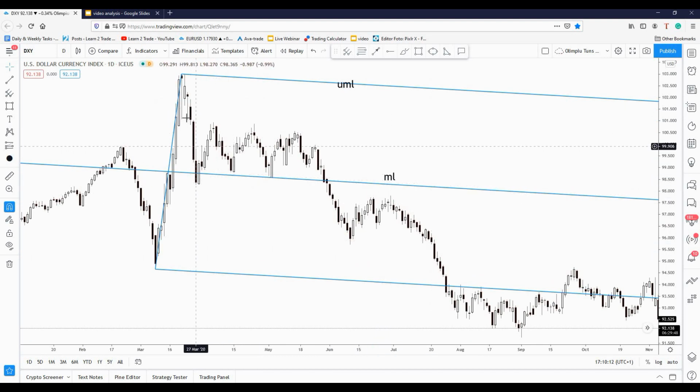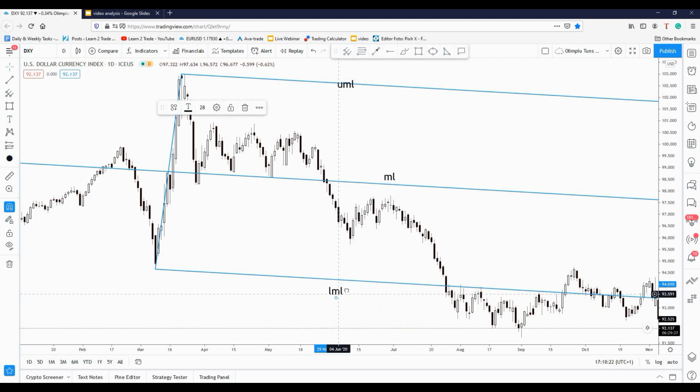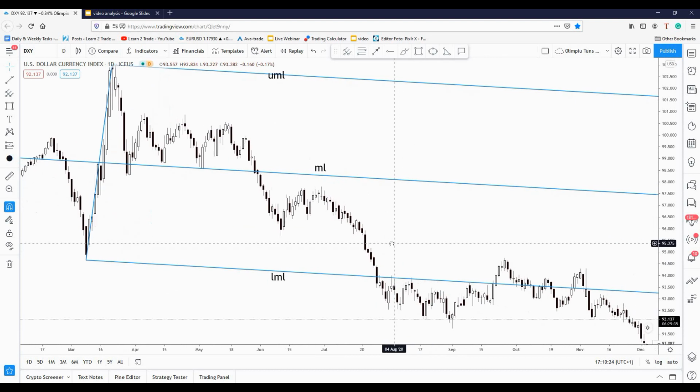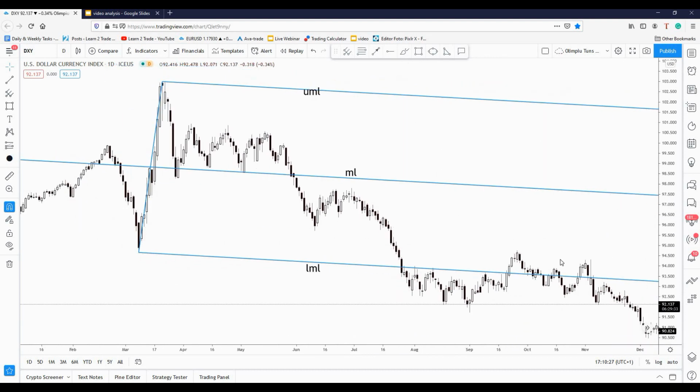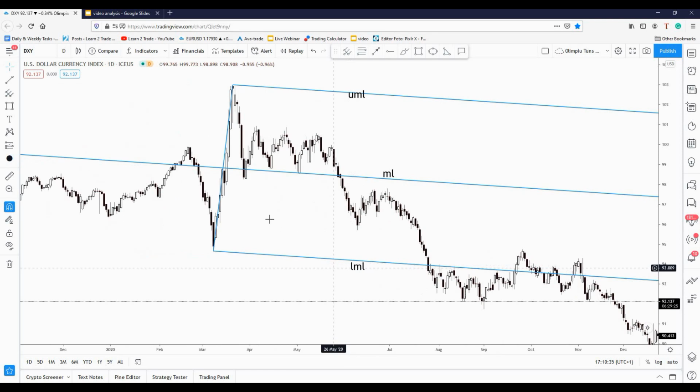As you can see here, after the retest, the price decreased to reach the medium line. And here we have the lower medium line. In this case, the price has reached the lower medium line, the second downside target. Also, it has dropped below this downside target, continuing to drop.